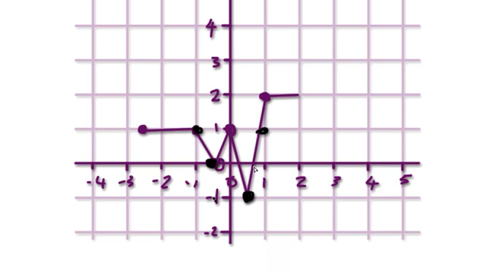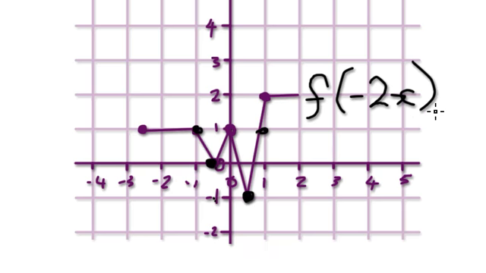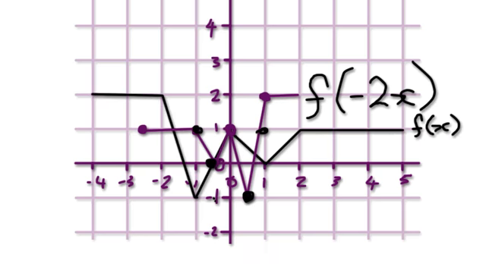So this here is your final answer. This here is f of negative 2x. Given this was our original, f of x is this, and when you apply the transformation, it becomes this. So this here is your answer.